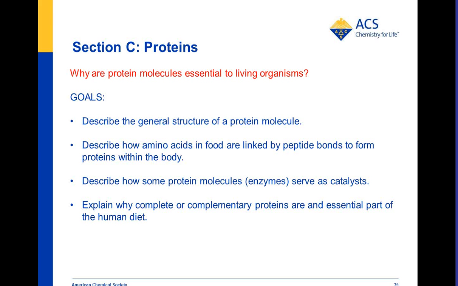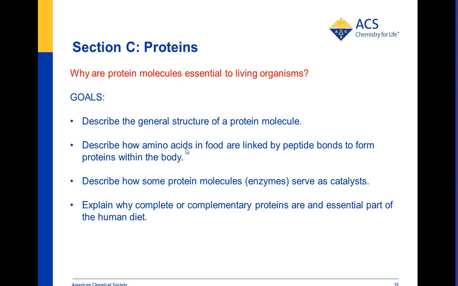Students in this section will also learn about the building blocks of proteins, the amino acids, and how the chemical properties of their unique R groups allow the protein to fold into a functioning macromolecule within a living organism.